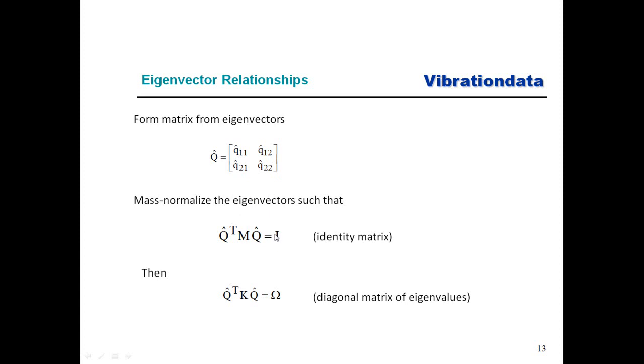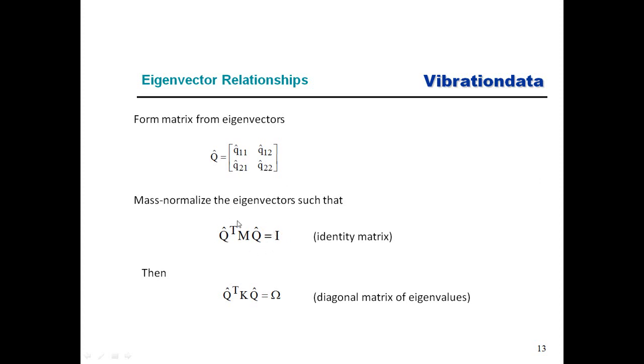And actually we can go ahead and run this calculation first, and we'll get whatever we get on the right hand side, and we force the right hand side to be the identity matrix by then going back and choosing the scale factor appropriately for each of the two vectors.